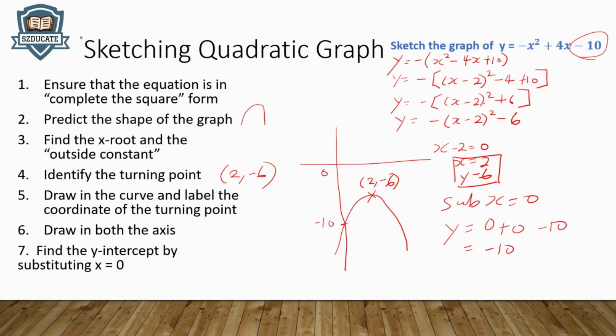The question might give you the complete the square form and ask you to sketch. And then you remember, oh, it's the term that is independent, and you take the outside number, and you get it wrong. So even if they give you this and you sub in 0, 0 minus 2, minus 2 squared will give you 4. Minus 4, minus 4 minus 6, minus 10. You'll still get it correct. So it's more fail-proof rather than just looking at the outside term that is independent of x. So it's safer.